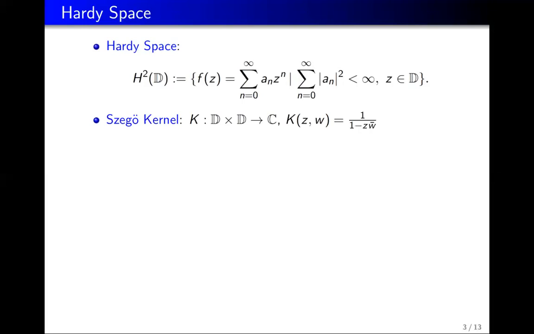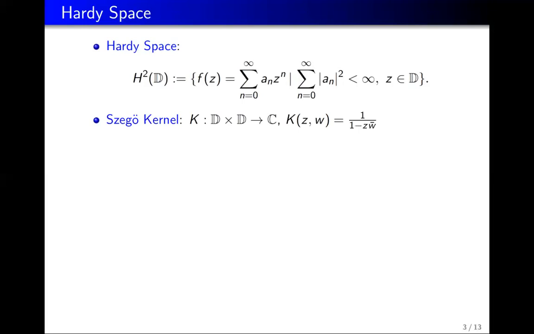If you use the simple geometric series expansion of 1 over 1 minus z w bar, you will see that as a function of z, by fixing a w, this function belongs to H2(D), meaning the coefficients in the power series expansion are square summable.